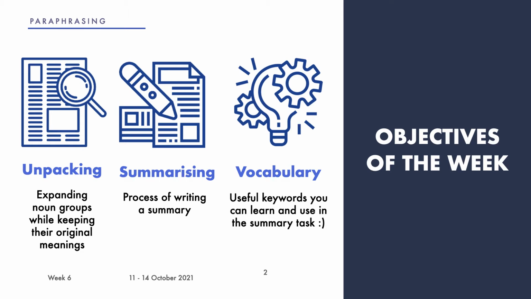And I'll show you my process and I'll demonstrate once how we're going to do it. And later in the week, I'll also show you some useful keywords that you can learn and use in your week 7 summary task. If you are my students, if you are coming to my writing class, you will have to do a summary writing task in week 7.